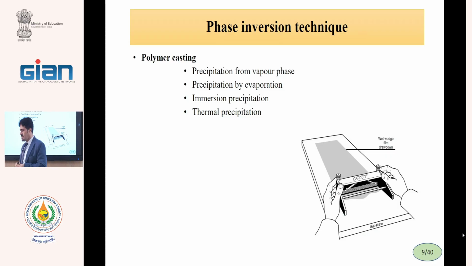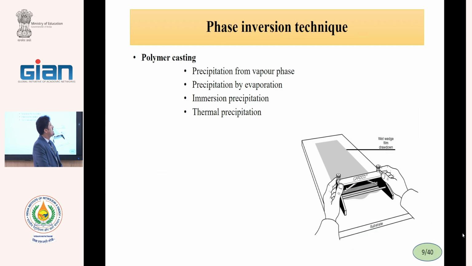But the most used industrial method is phase inversion or phase separation technique. As I said, in phase separation, we first produce a liquid polymeric solution. And with the change of this liquid solution to a solid film, we produce the membranes.